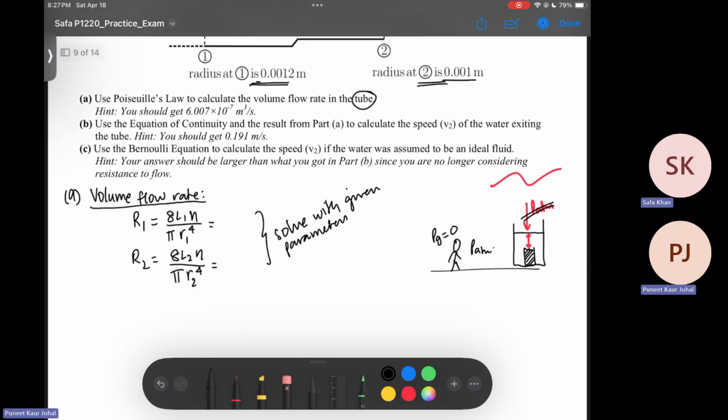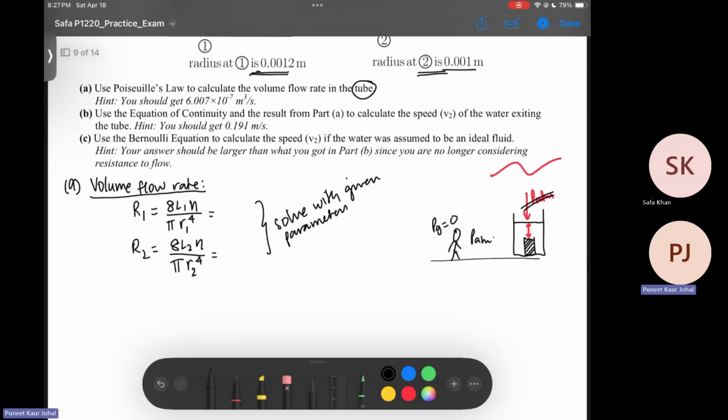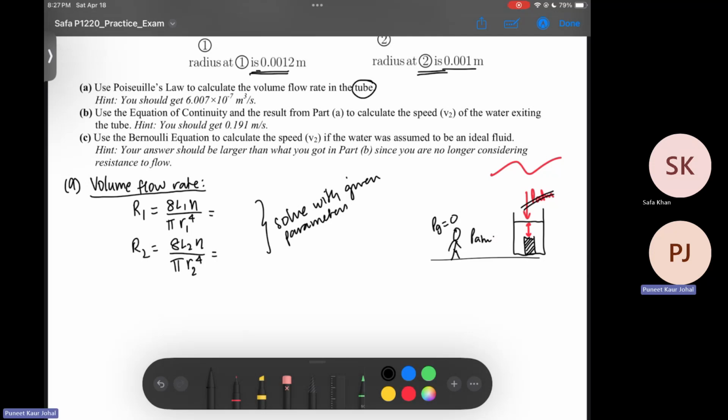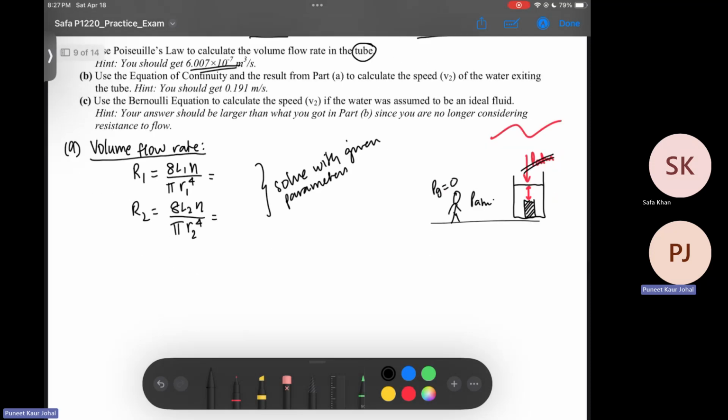Yes, that should be good. And they have one number, which I believe is because they probably added the total resistances and then did a combined flow.